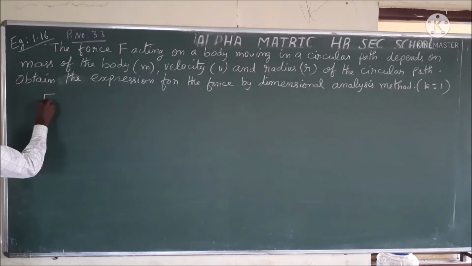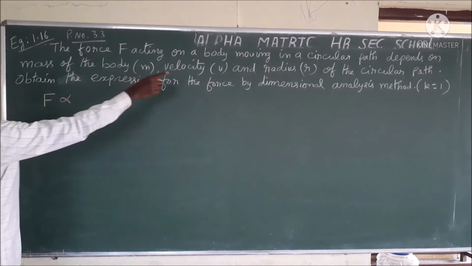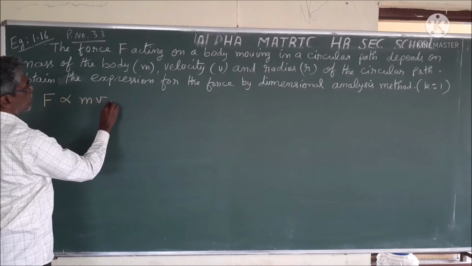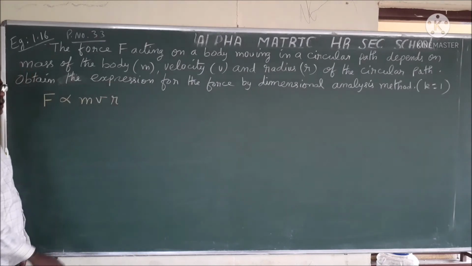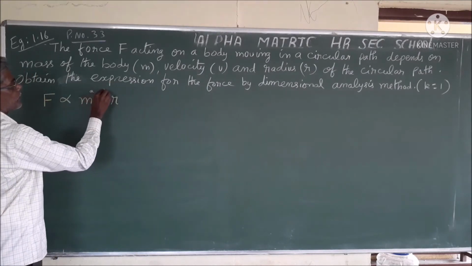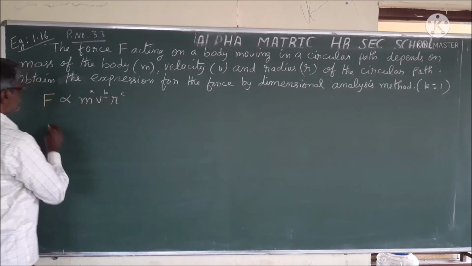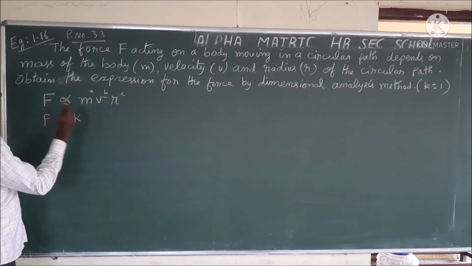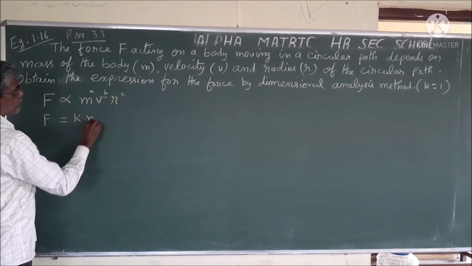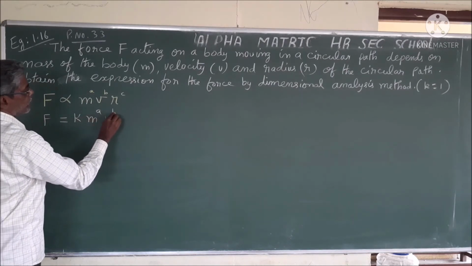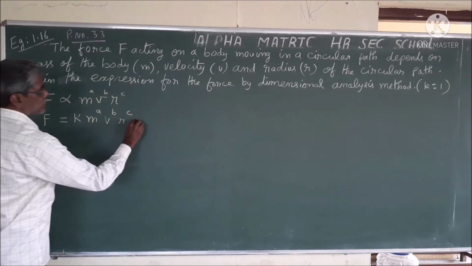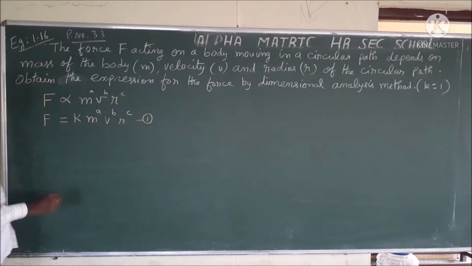So force depends on mass, velocity and radius. Let the powers be a, b and c. If I remove the proportionality, there will be a dimensionless constant. F is equal to k m power a, v power b, r power c. Let us consider this as equation number 1.